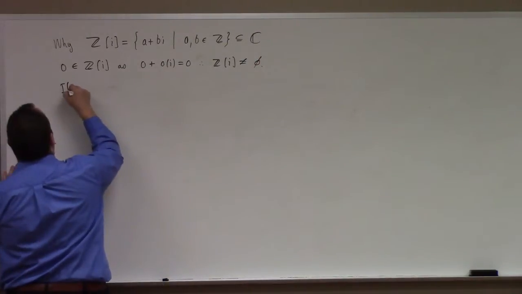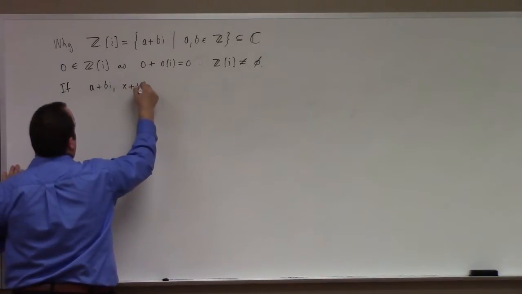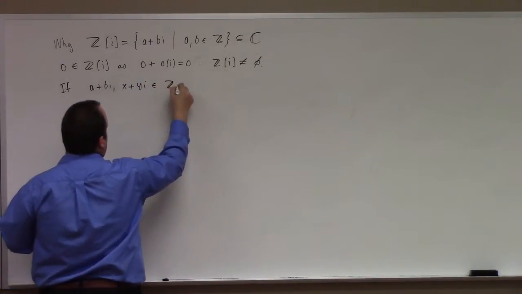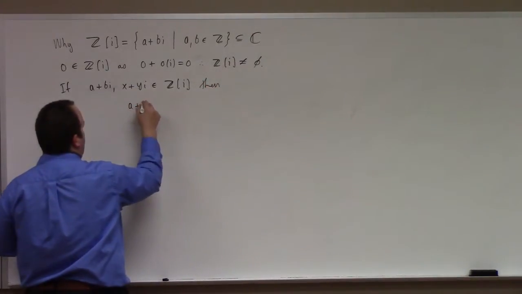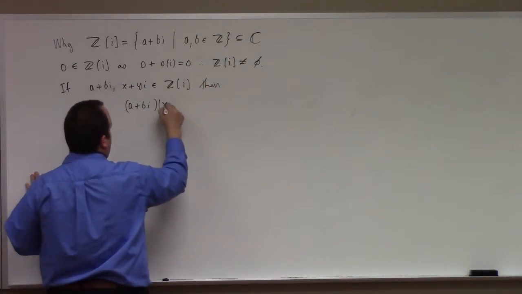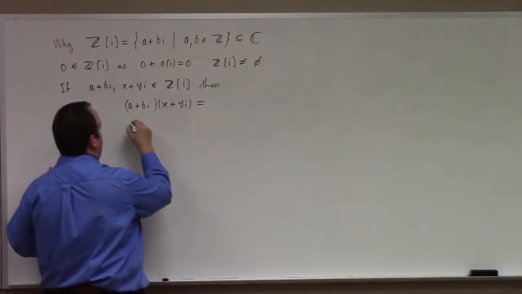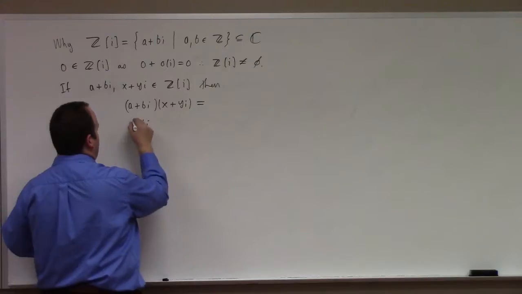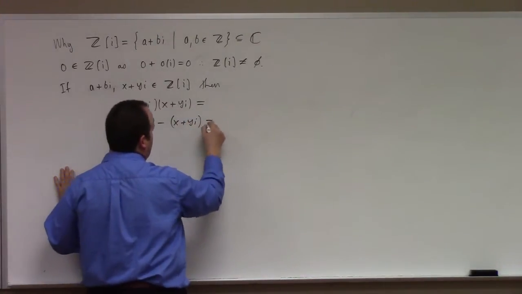If you have a plus bi and x plus yi in the Gaussian integers, then you can calculate a plus bi times x plus yi, and that gives you one thing, and also a plus bi minus x plus yi, that gives you something else.